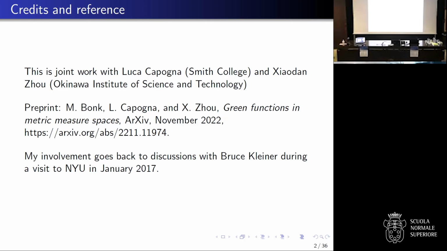It's actually quite appropriate that I'm talking about this during this conference dedicated to Bruce's work, because this all started in some sense during a visit to NYU already 6 years ago. Bruce and I were interested in some kind of rigidity questions for quasi-conformal maps on some exotic spaces like the Laakso space.